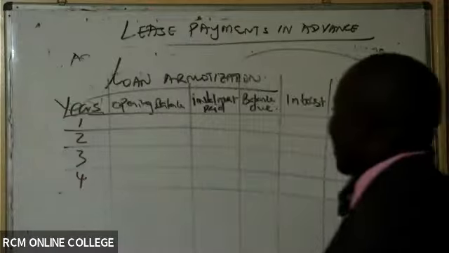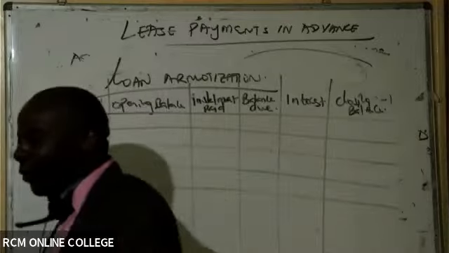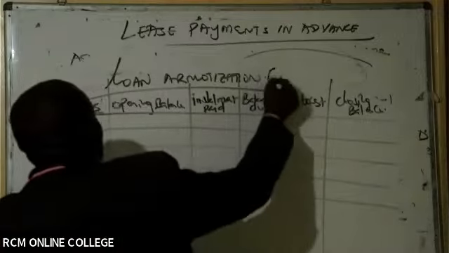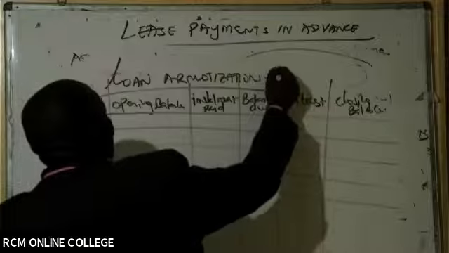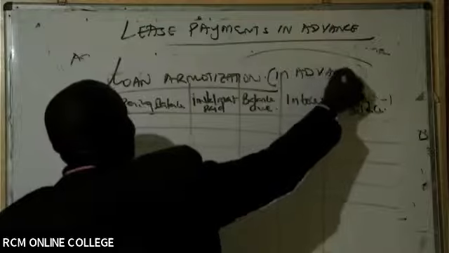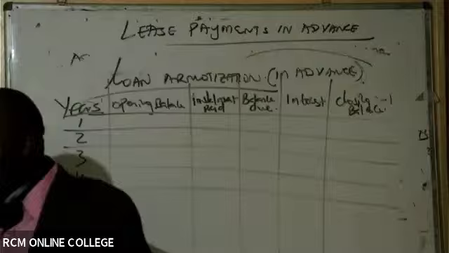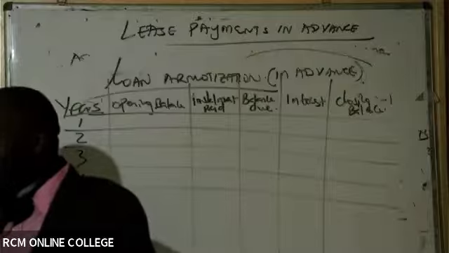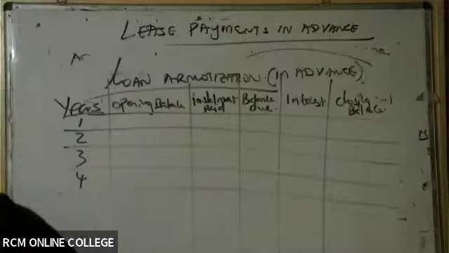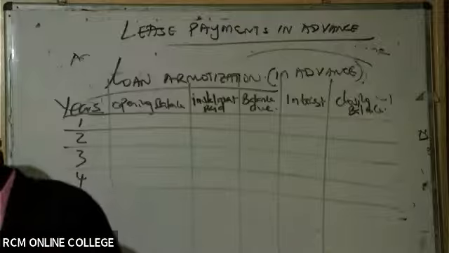Let me know once you are able to draw this. This is a very, very important table, and we use it whenever we have payments up front, payments in advance. Once you finish drawing up to there, please put your thumbs up like this.